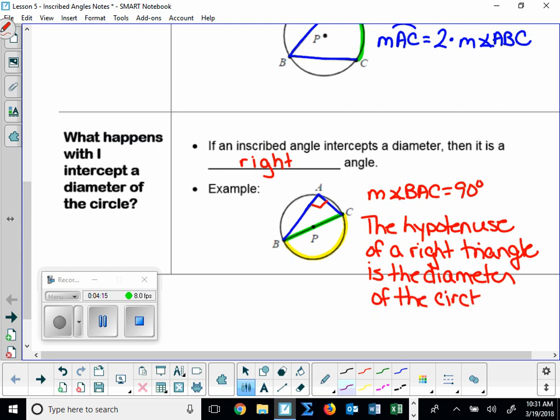That's important. If you can remember that, you can save yourself a lot of time. You can reason it through, starting with semicircle equals 180, and this is inscribed, so take half of 180. But if you know it, problems go a lot faster, and time is often an issue on tests and quizzes.